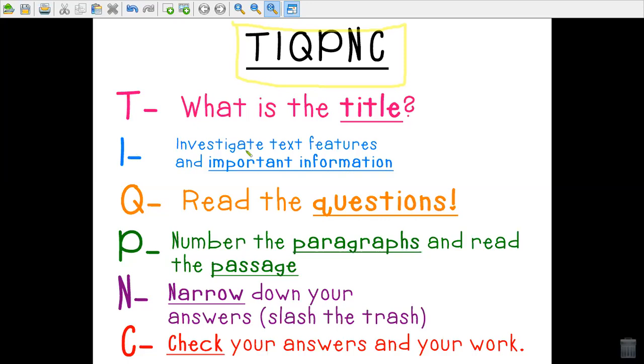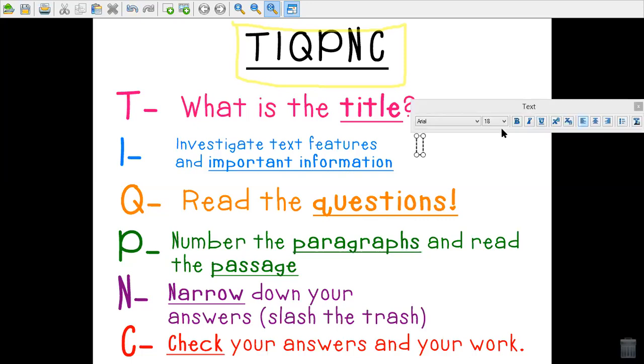I is to investigate the text features and important information. If there are any text features, I'm going to type those here just to remind us: bold print, italics, underlined, pictures.